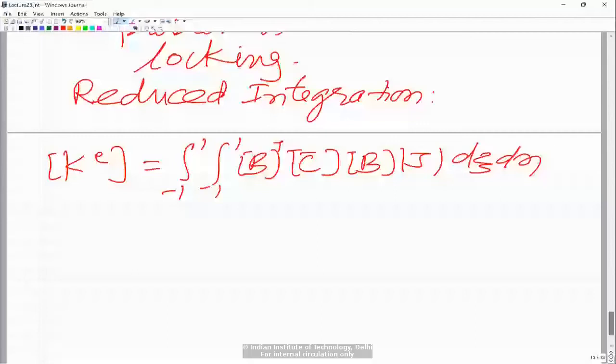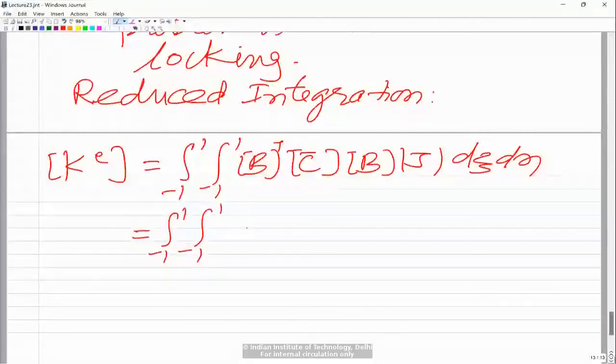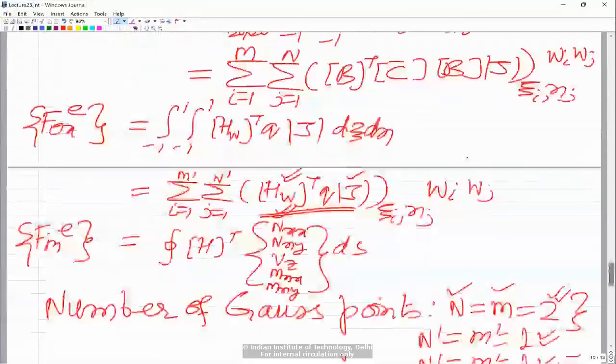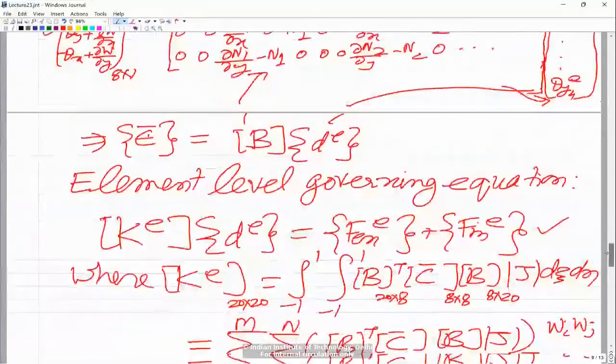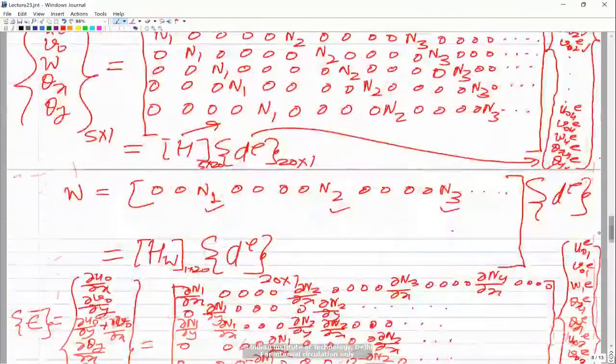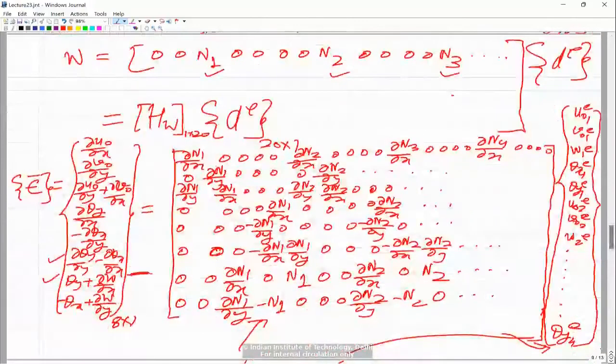So we split this into two parts, each with integration -1 to +1. In this epsilon bar, you keep the first 6 terms together, and the last 2 terms you separate out.